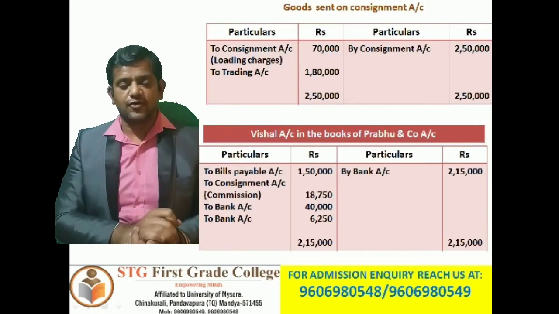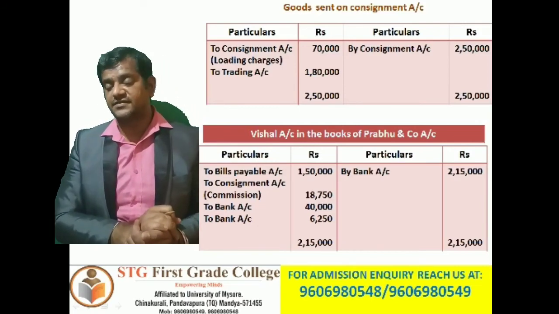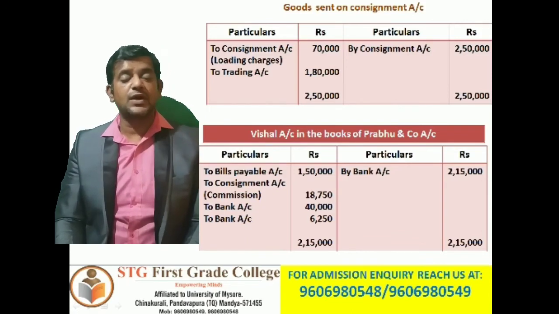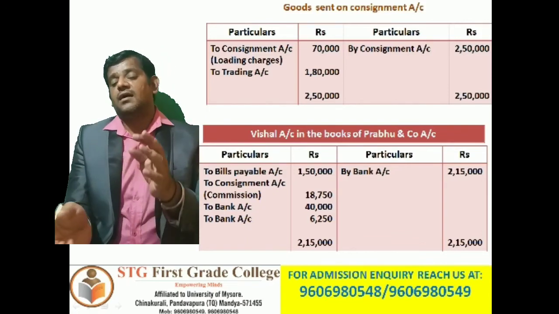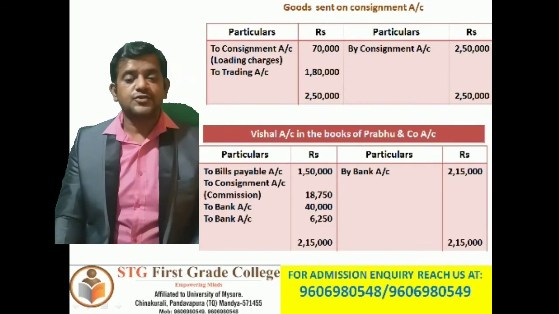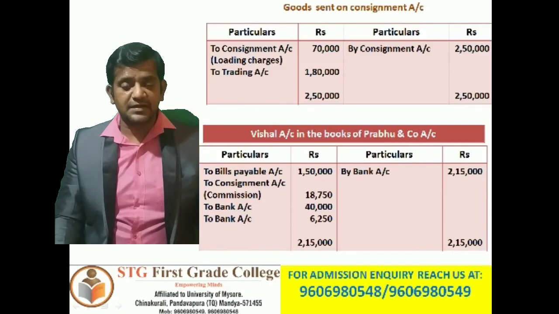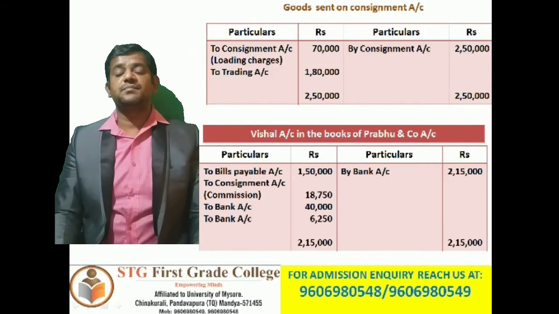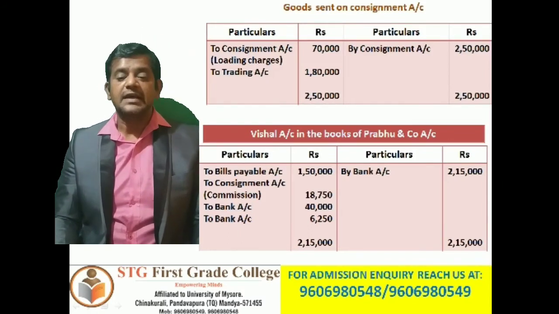To bank account 40,000. To bank account, the difference 6,250. So this is nothing but the Prabhu and Company account entered in the opposite order. Debit side items will be entered here on the credit side, and credit items of Prabhu and Company are entered here on the debit side. That is on the principle of the double entry system.